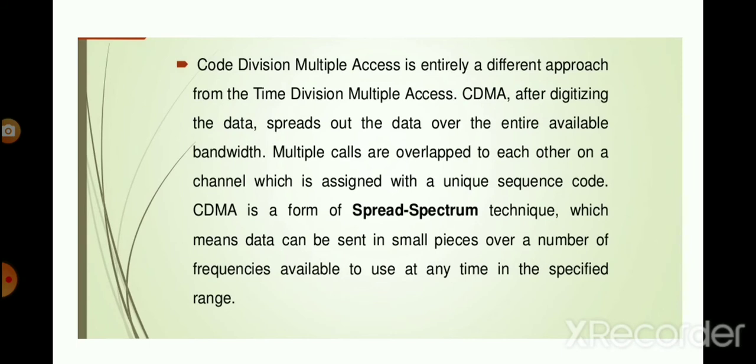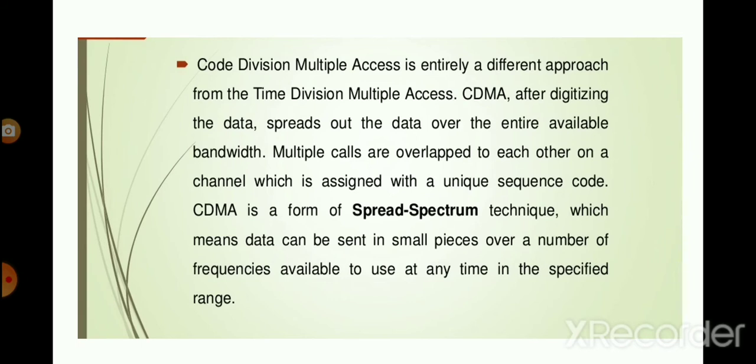Code division multiple access is an entirely different approach from time division multiple access. CDMA, after digitizing the data, spreads out the data over the entire available bandwidth. Multiple cells overlap each other on a channel which is assigned a unique sequence code.